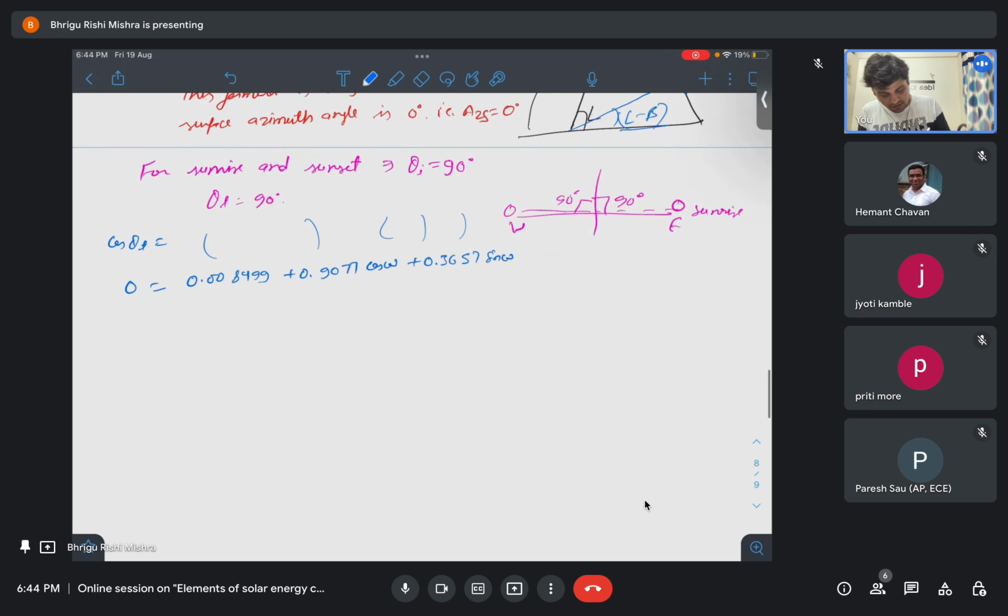Simplifying, it is 0.3657 sin omega plus 0.9077 cos omega equals minus 0.008499.